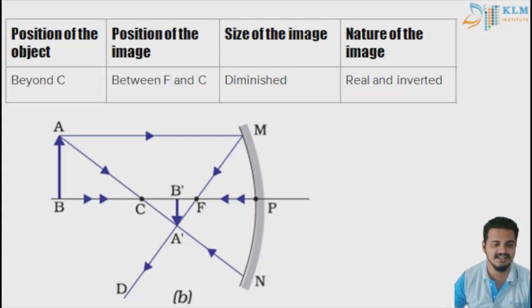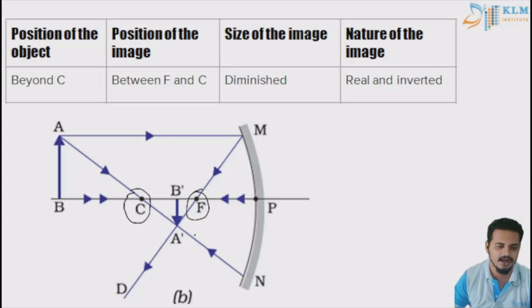Let's see another example. If the object is beyond C, we'll again consider any two of the rules. This will be the first rule. The incident ray is parallel to the principal axis. The reflected ray should pass through the principal focus. And another incident ray is traveling and passing through the center of curvature.